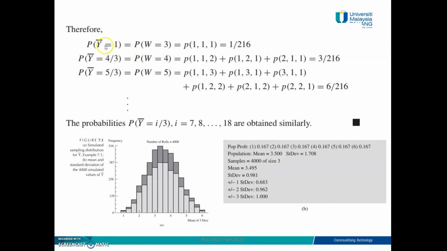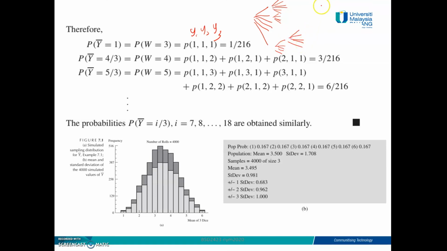So for y bar equal to 1, you will have W equal to 3. That means each of y1, y2, y3 is 1. You can do the tree diagram as well. You have first 1, 2, 3, 4, 5, 6, and then 1, 2, 3, 4, 5, 6 for each branch, and then each here also 1, 2, 3, 4, 5, 6.